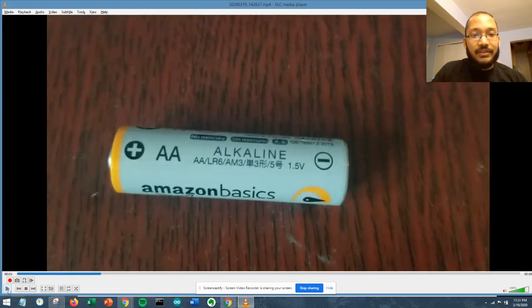What I have here is a AA battery. This is 1.5 volts. A volt is a joule per coulomb. Electric potential difference is voltage. So a 1.5 volt battery is a 1.5 joule per coulomb electric potential difference between these 2 points.